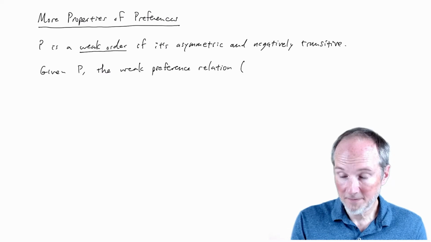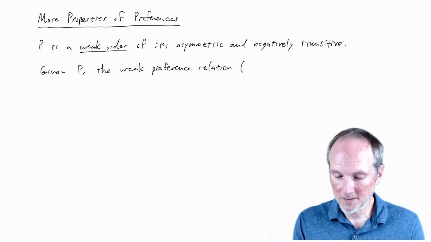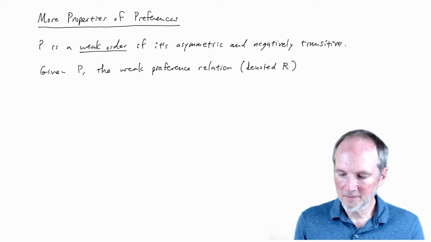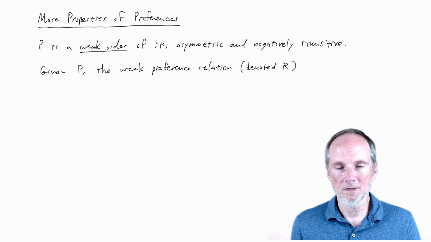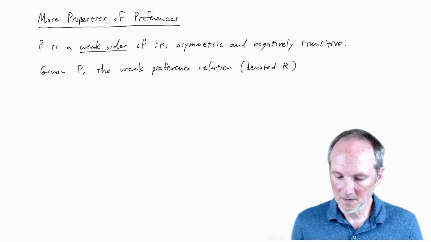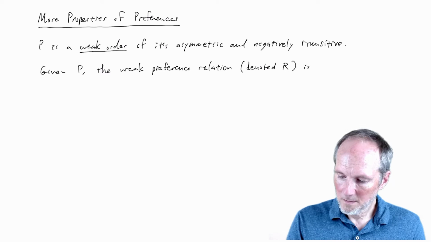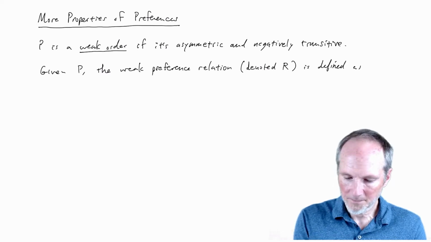And we're going to have different notation for that. We don't want to use P again. We're going to follow convention, and we're going to use an R to refer to that. So the weak preference relation, which we're going to denote by R, corresponding to P, is defined as follows.